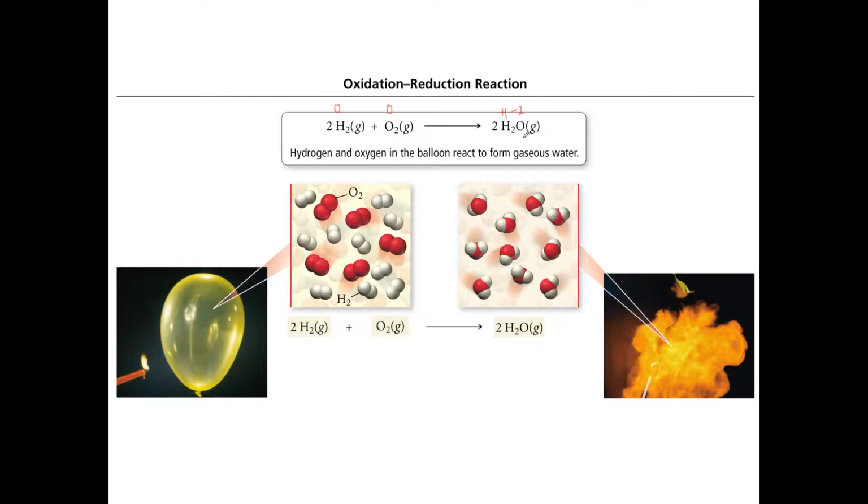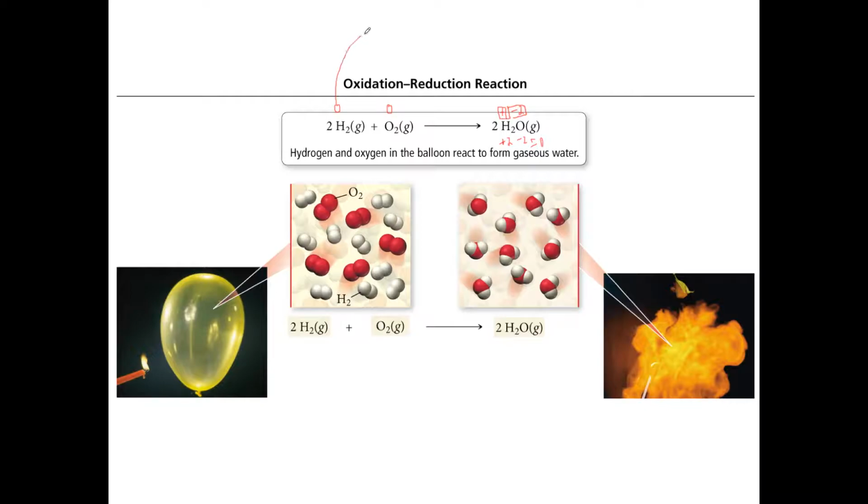And so -2 times 1 is -2 equals 0. This must be +2. And there's 2 hydrogen atoms here, so 2 divided by 2 gives me +1. Can you read that? All right, +2 and -2. We've done that one before.